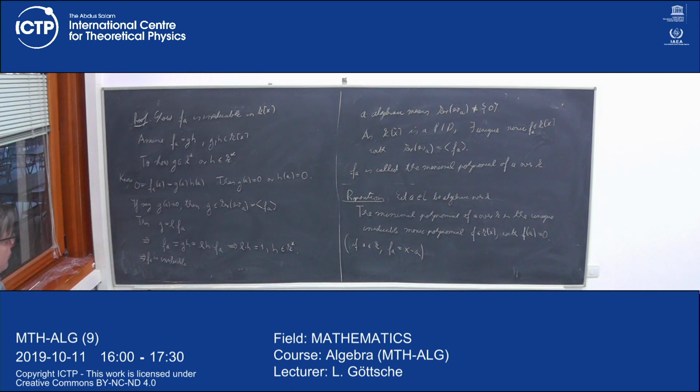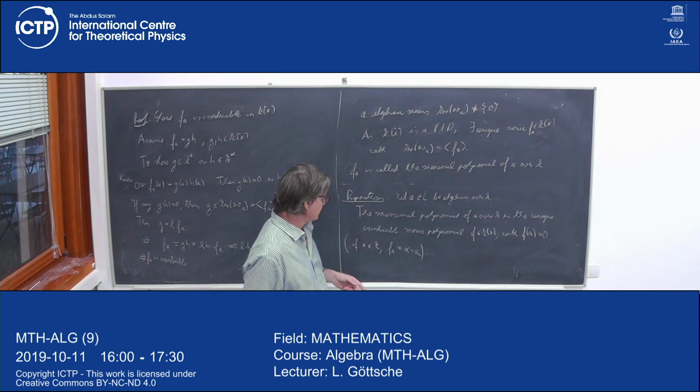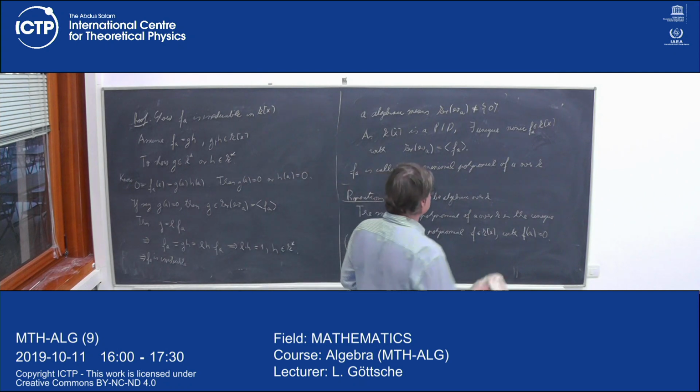Now we wanted to show, on the other hand, in order to show that this is precise, that we have, the precise statement is, we have to show that if we have a monic irreducible polynomial with this property, then it must be this minimal polynomial.